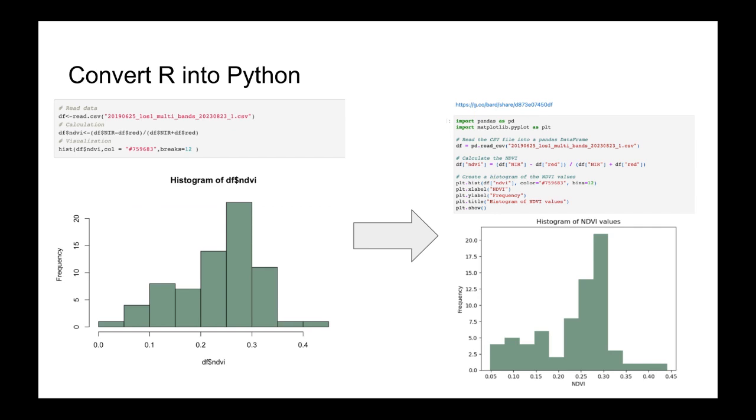I have other examples too, for example, converting base R plots into ggplots, or changing the R plot colors into colorblind-friendly colors. I'm still trying different examples, but so far I found Bard helps my coding pretty well.